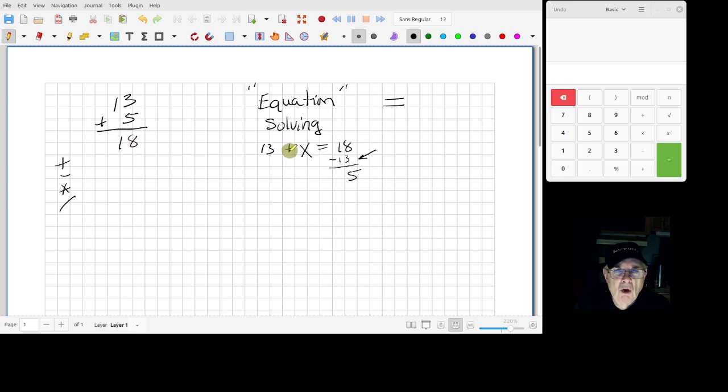Well, in solving an algebraic equation, we have to manipulate things. We have to move them around in a specific way to get us to this idea here. And we wind up at the bottom with X equaling some value, some number.